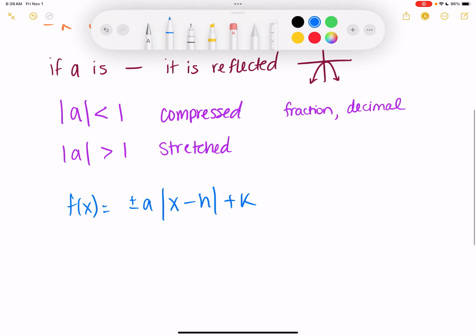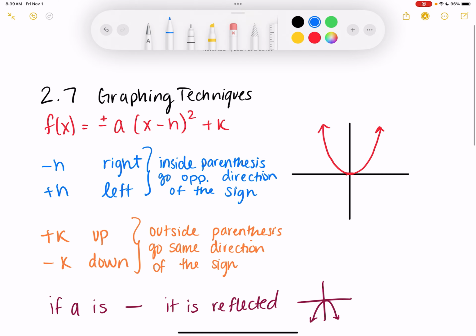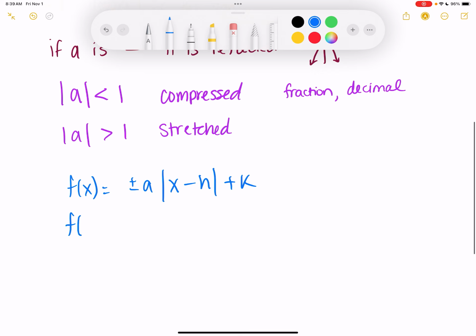If we had a cubing function, more or less the same as this, but it's cubed, it's going to work the same way. So something like plus or minus a times x minus h cubed plus k works the same way. And then the other one that we could have is a square root. Anytime we have a square root, anything inside is treated like the parentheses.